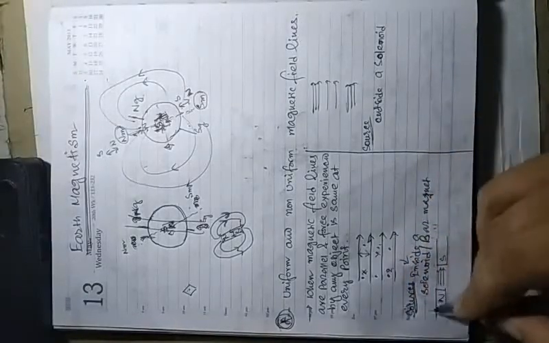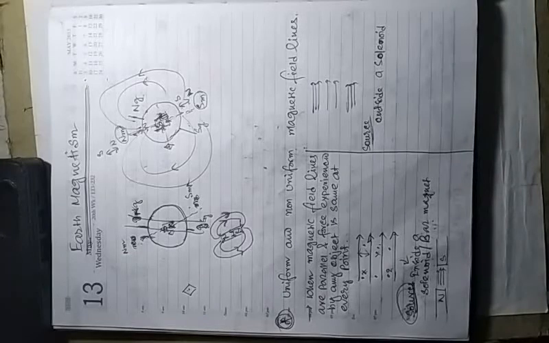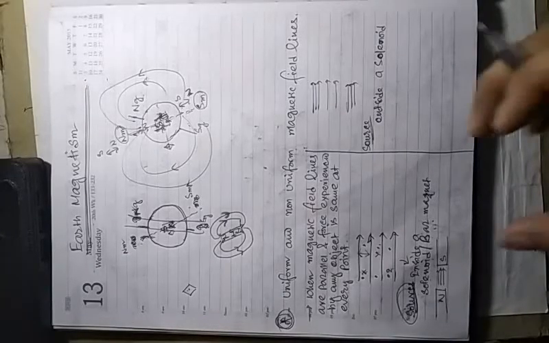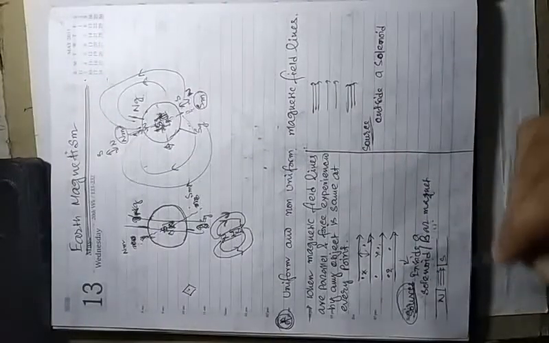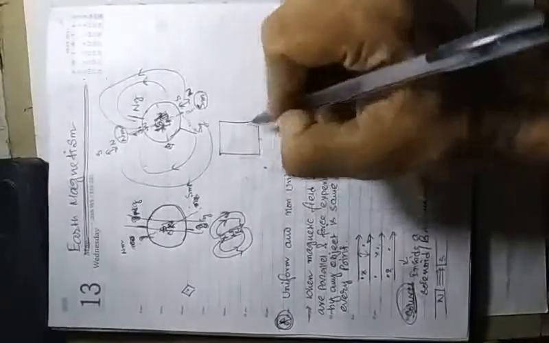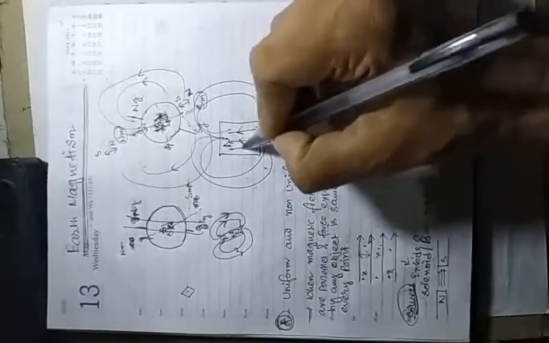Some sources are inside a solenoid or bar magnet. What is a solenoid, students? I will explain later. Just remember a bar magnet: outside, the lines go north to south, and inside it is equidistant from south to north.